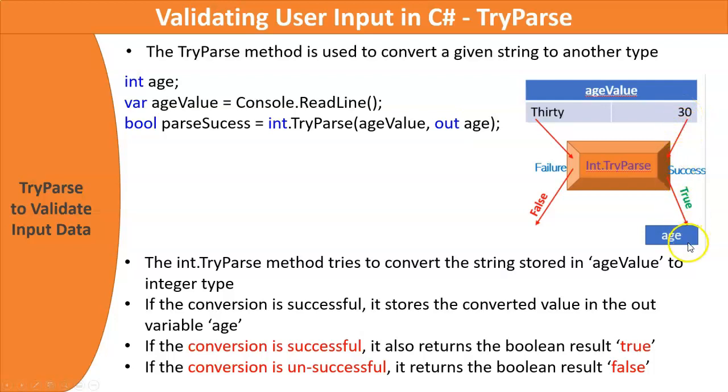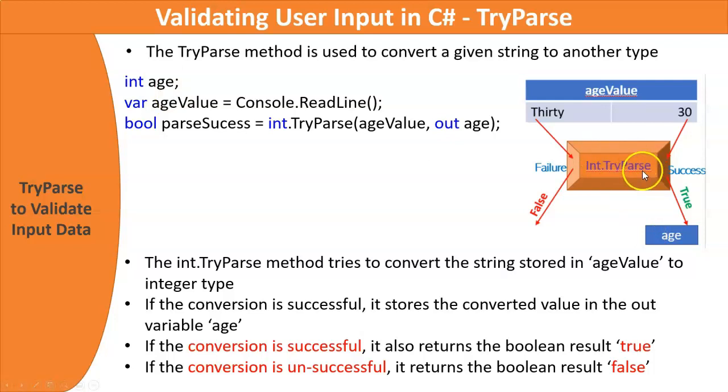The age variable will now contain 30 as a numerical data. The out keyword means if the TryParse conversion is successful, output the numerical data into this variable age, which is declared as integer type.